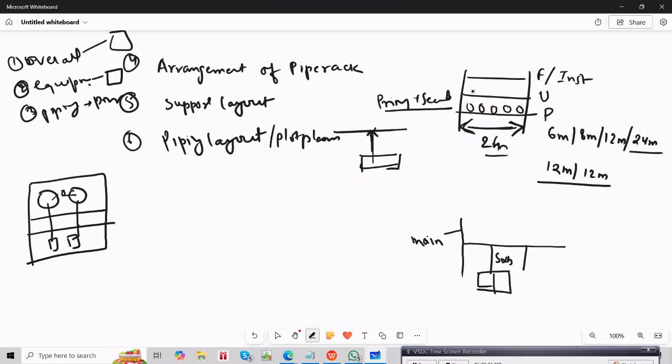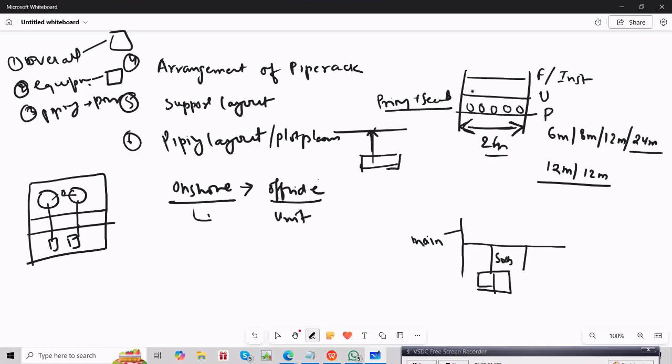Nowadays this is generated in onshore only, and that too on offside. In onshore there are two areas. One is called offside, and the other one is called unit.